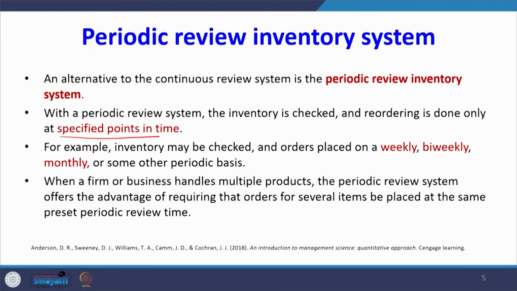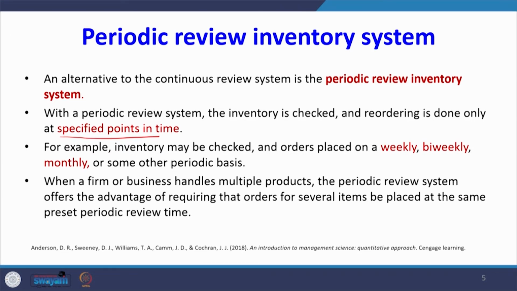When a firm handles multiple products, as in reality, for example a small retail store, the periodic review system offers the advantage of requiring that orders for several items be placed at the same periodic review time.